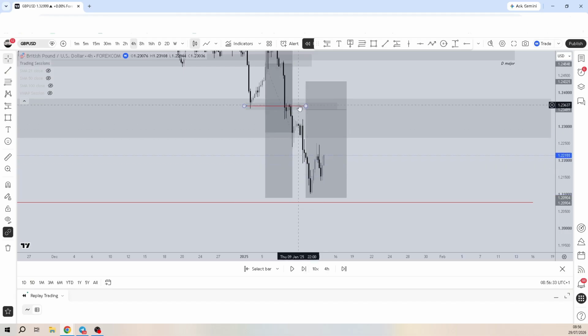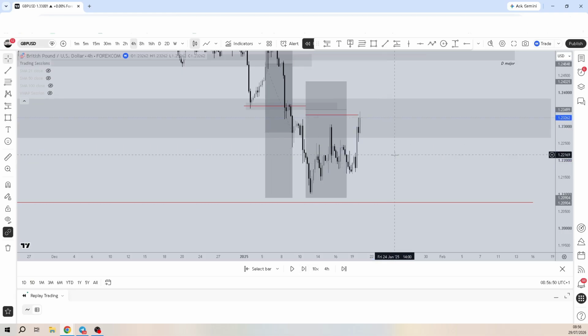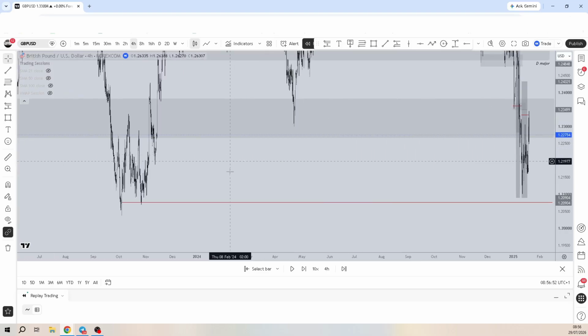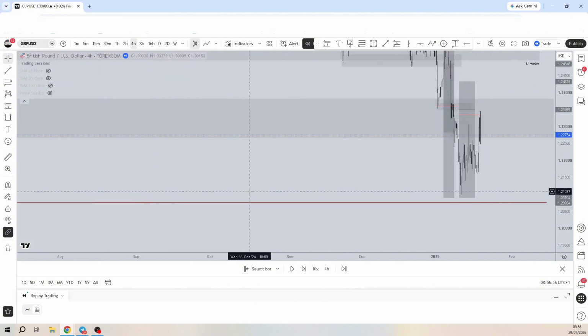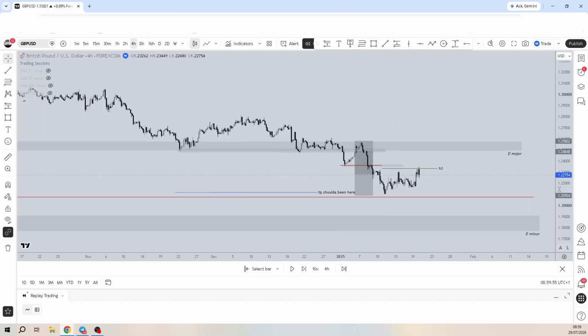Both stops have been trailed as well, trail to here. To be fair, my profit target should have been there. Yeah, price came back up, rejected.